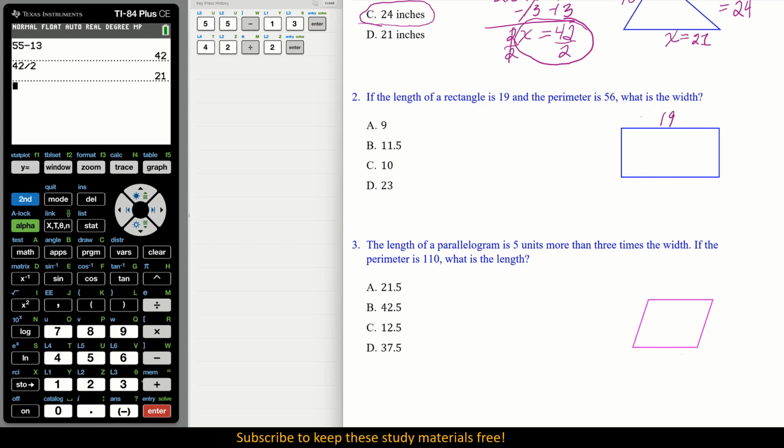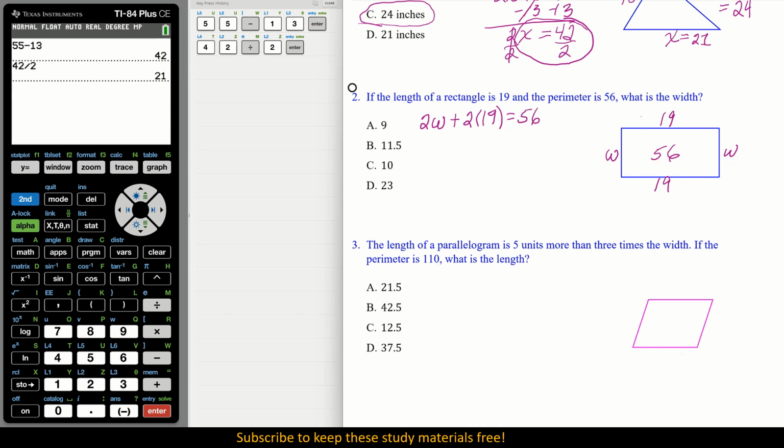We have 19 and 19 and W and W, and the perimeter is 56. So I see 2W plus 2 times 19 equals 56.